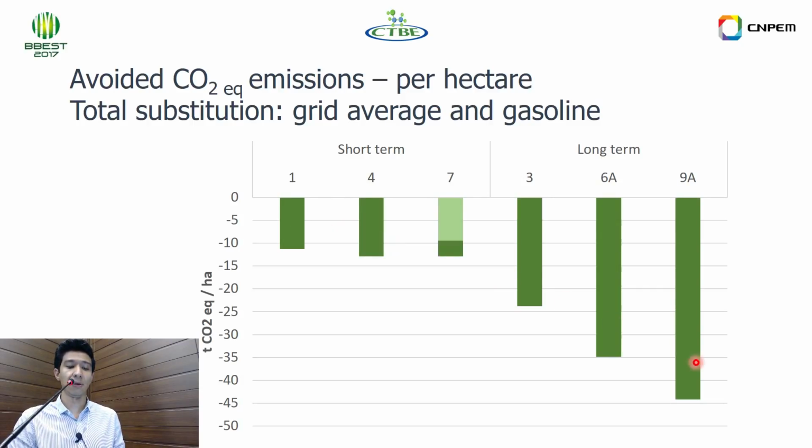And qualitatively, we can see that in the long term, substitution of the average grid electricity by bioelectricity, and substitution of gasoline by second generation ethanol, would avoid something like 45 tons of CO2 for just 1 hectare, and this is possible because of energy cane.